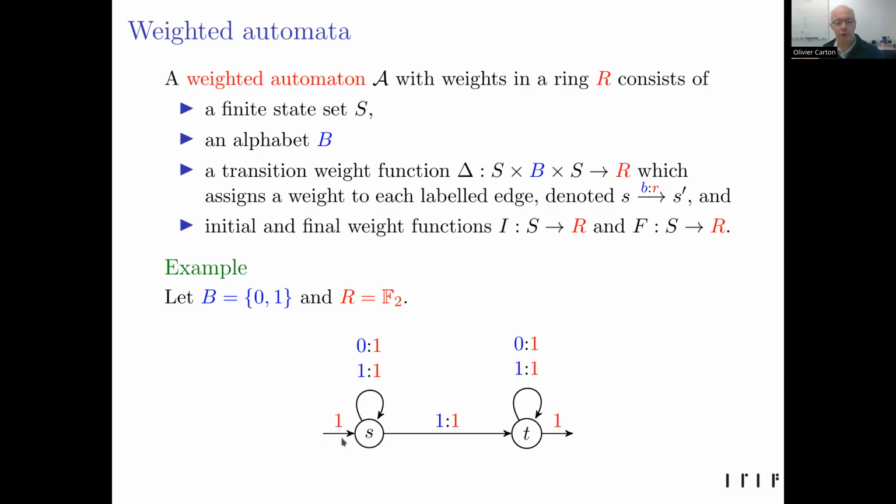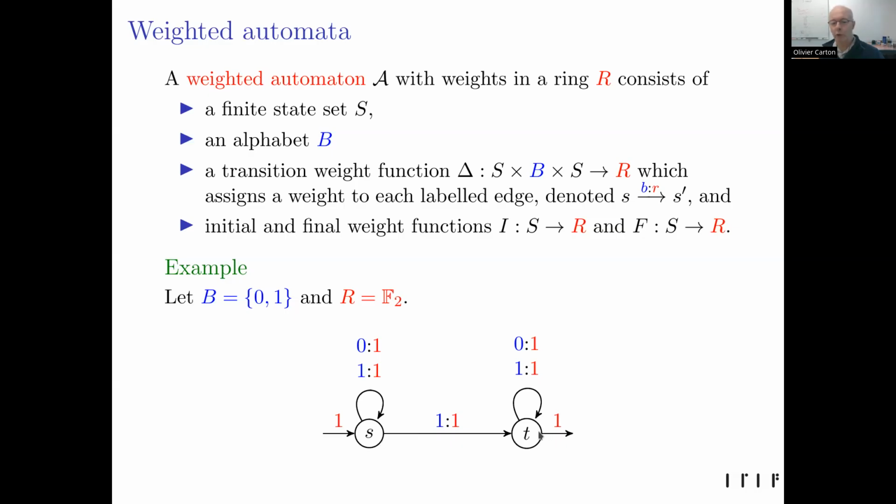For instance, the initial weight of S is 1. This is the little incoming arrow with 1. Weights are always red, and the digits are always blue. So we have a little incoming weight for S, which is 1, and there is no incoming weight for T, so this is implicitly 0.